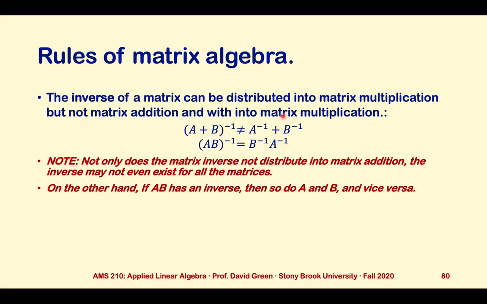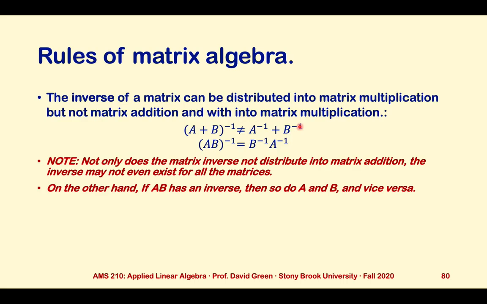The inverse does not distribute into matrix addition. The inverse of A plus B does not equal A inverse plus B inverse. And in general, there is no relationship between whether the inverse of A plus B exists and whether the inverse of A and the inverse of B exist.